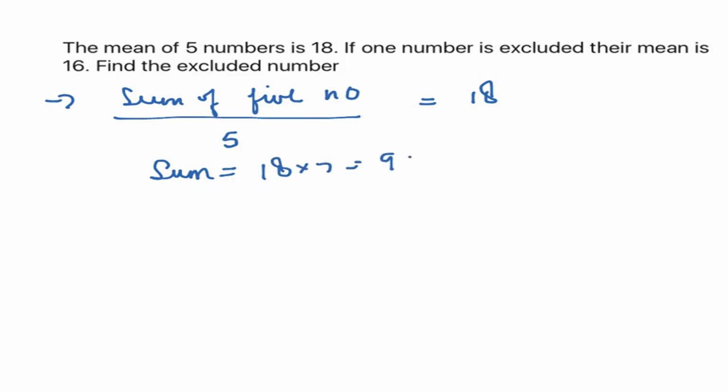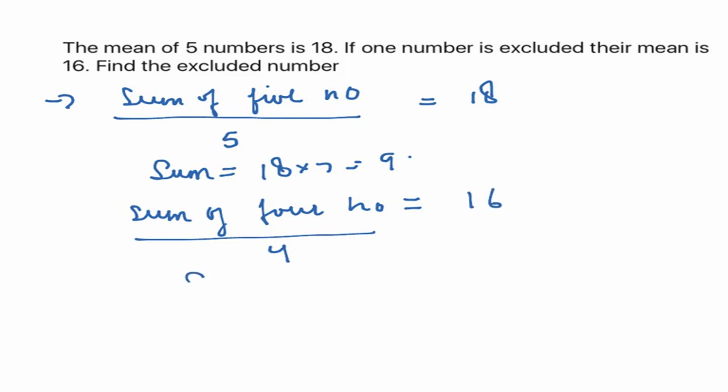Now if one number is excluded, their mean is 16. So it means the sum of 4 numbers divided by 4 is equal to 16. It means the sum of 4 numbers is equal to 16 times 4, that is 64.